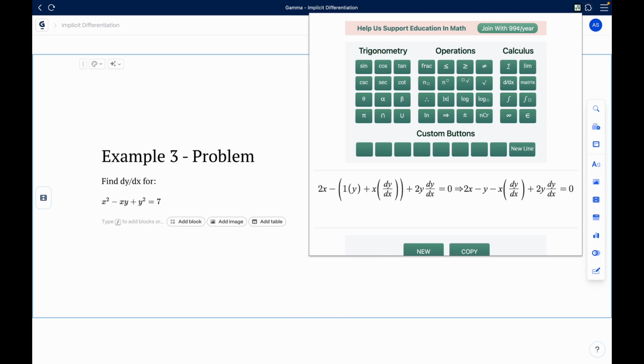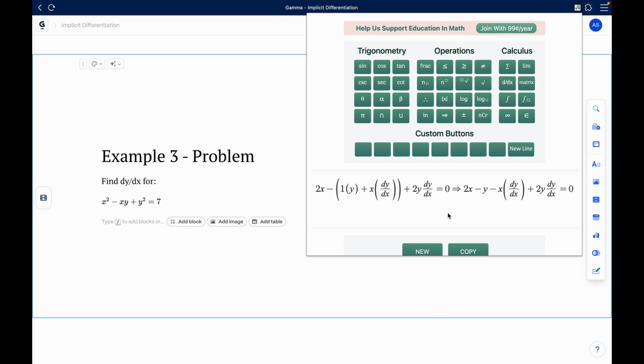Then the next part will be to simplify everything. So what we have here is 2 dy/dx terms, but what is missing is having them all on the same side.